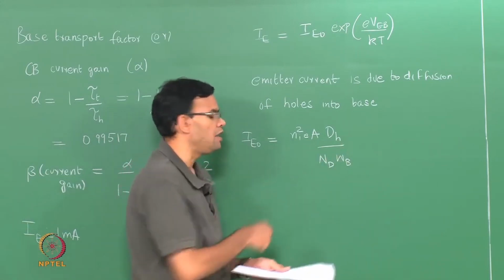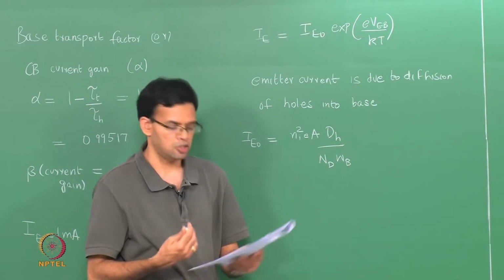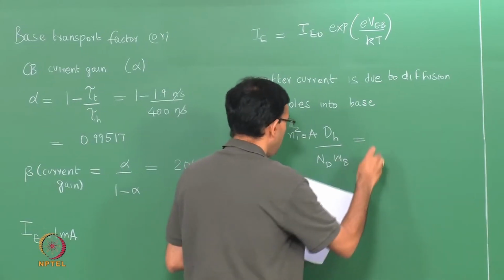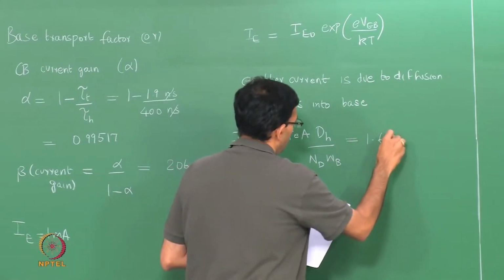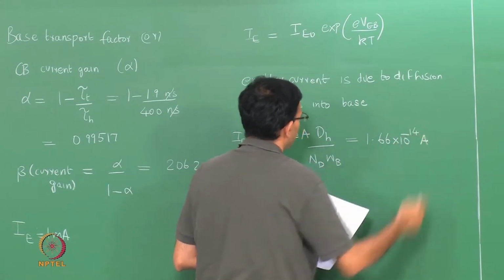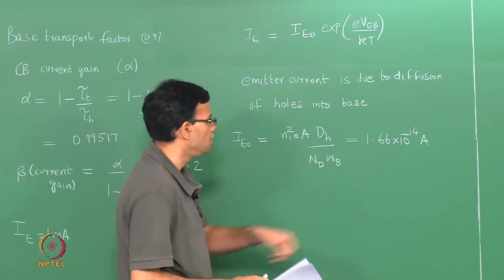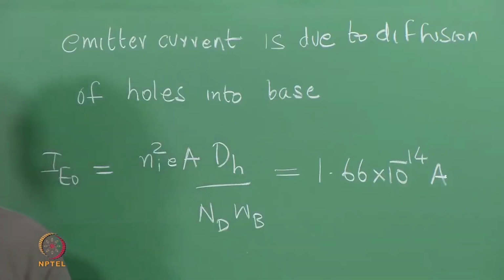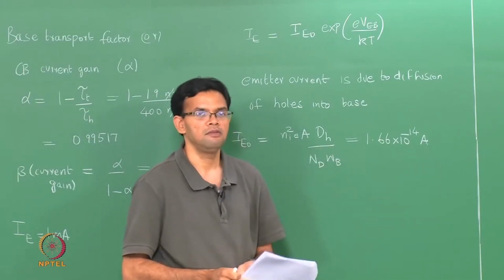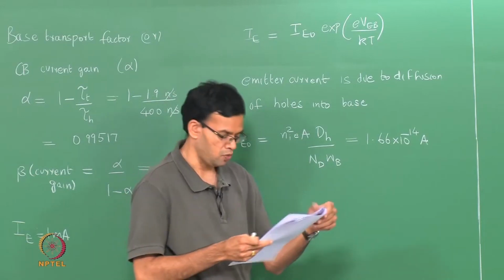So, all of the values here are known. Wb is the width of the base, which is 2 micrometers. So, that this is equal to 1.66 times 10 to the minus 14 amperes. So, we have the cross sectional area A here, so that the final answer is in amperes. If we did not have A, this will be a current density, so typically amperes per centimeter square or amperes per meter square.